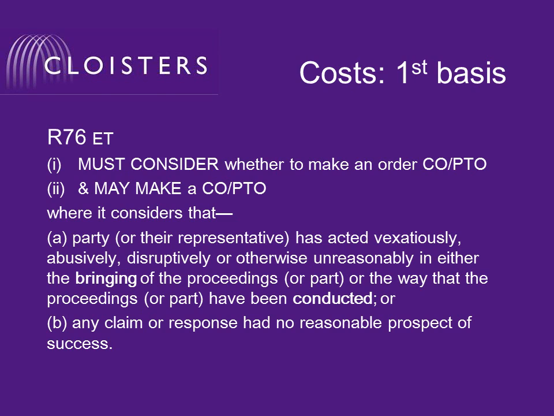It can also make an order for costs, and must consider whether to make an order for costs, if it considers that any claim or response had no reasonable prospect of success.